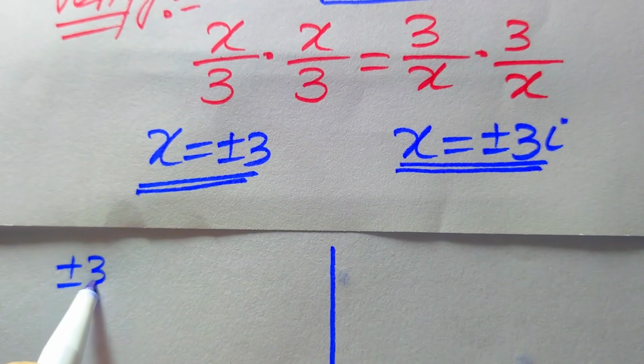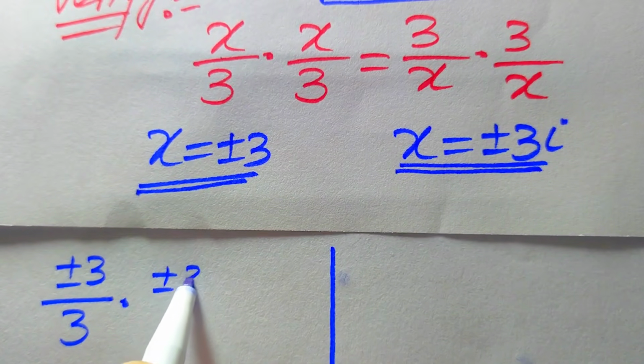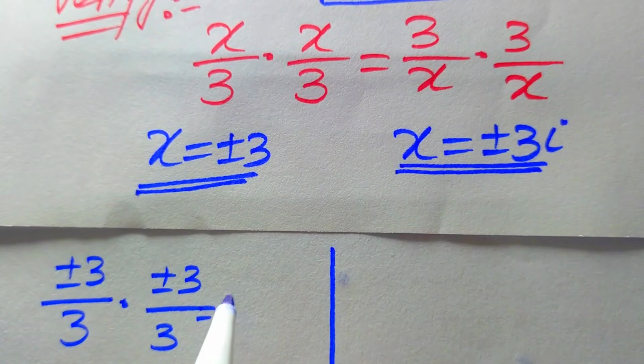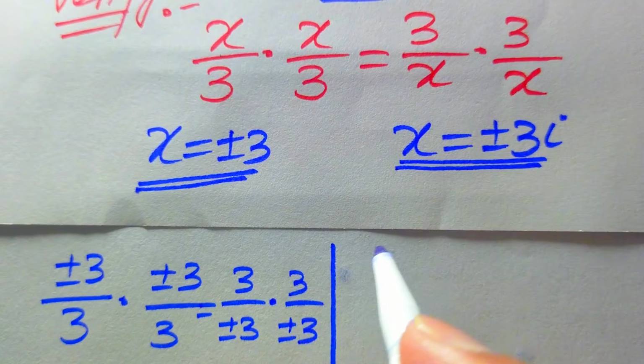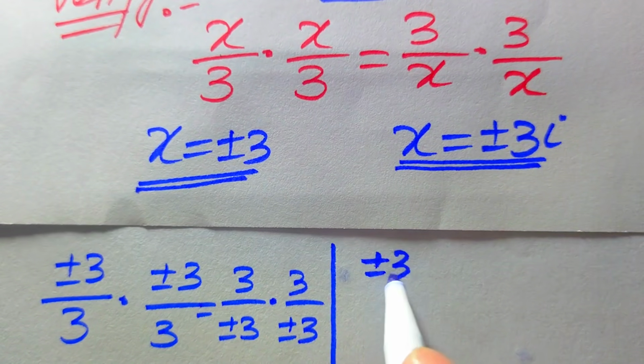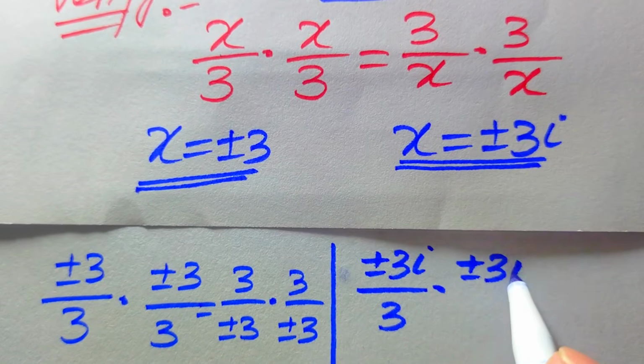This becomes (plus or minus 3)/3 times (plus or minus 3)/3 equals 3/(plus or minus 3) times 3/(plus or minus 3). In the same pattern, we substitute these values and get (plus or minus 3 iota)/3 times (plus or minus 3 iota)/3 equals 3/(plus or minus 3 iota) times 3/(plus or minus 3 iota).